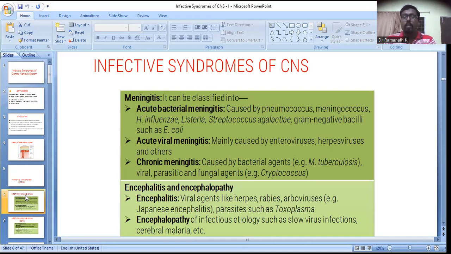So this acute bacterial meningitis is also age dependent. That means in different age groups, the causative organism may also differ.